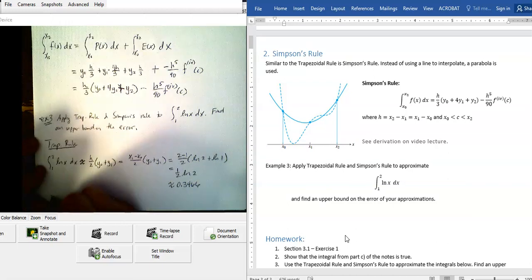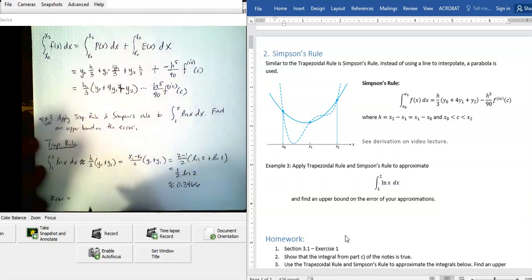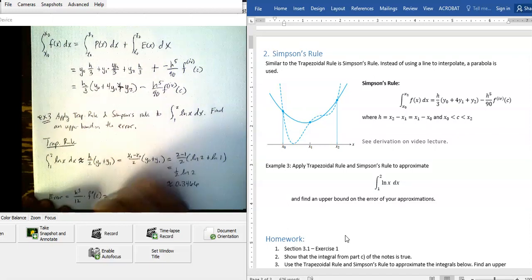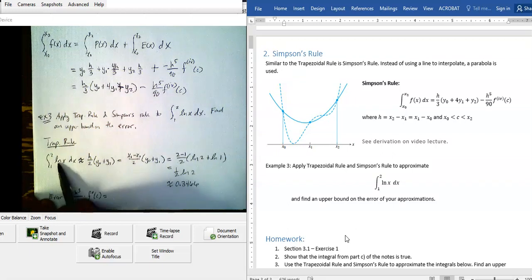As for the error, we calculate the error by doing h to the third over 12 times f double prime at c. So we would need the second derivative of the natural log function. We know the first derivative is 1 over x. The second derivative is negative 1 over x squared.